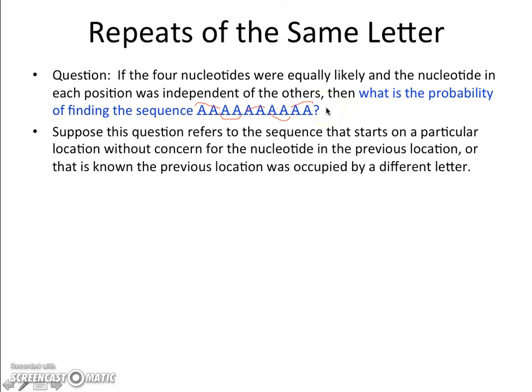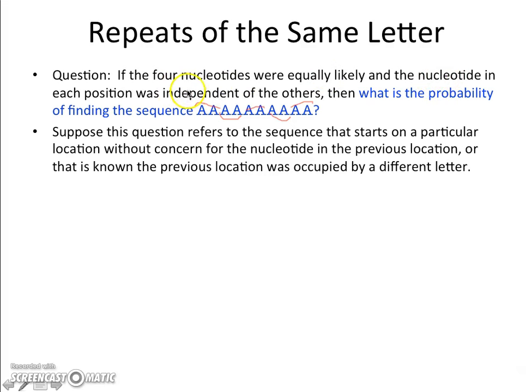So one thing to notice here is that there are a couple of things that may be subtle. They actually mean more than it seems, and that is the fact that we're assuming that these nucleotides are equally likely, and then this thing about independence.